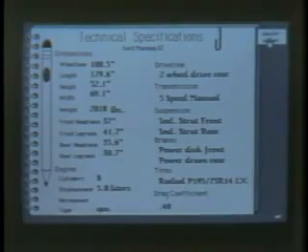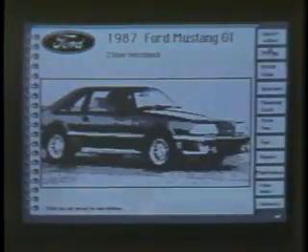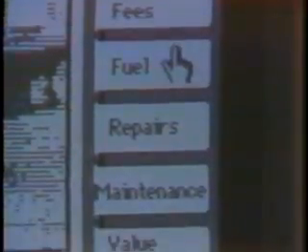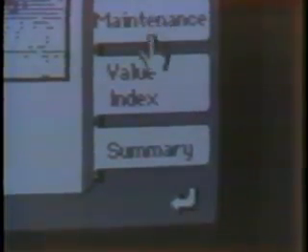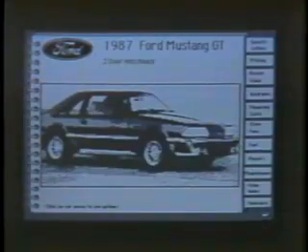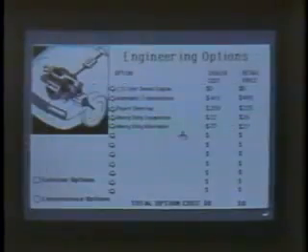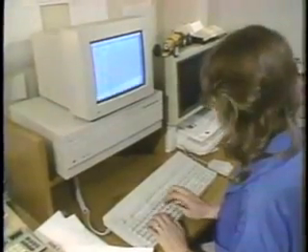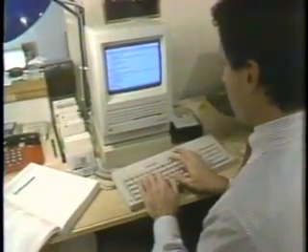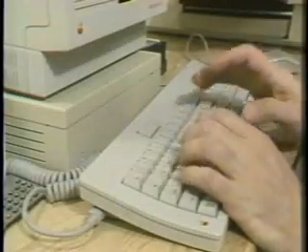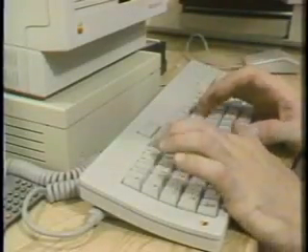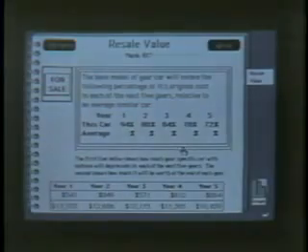The screen presents notebook pages that flip and turn, and commands are entered by either placing the cursor over a menu bar, a HyperCard button, or by simply pointing and clicking on the appropriate part of the vehicle. The Complete Car Cost Guide doesn't promise to turn a shopping chore into a happy experience, but the HyperCard stacks make it easy to personalize several choices and then compare them side by side.